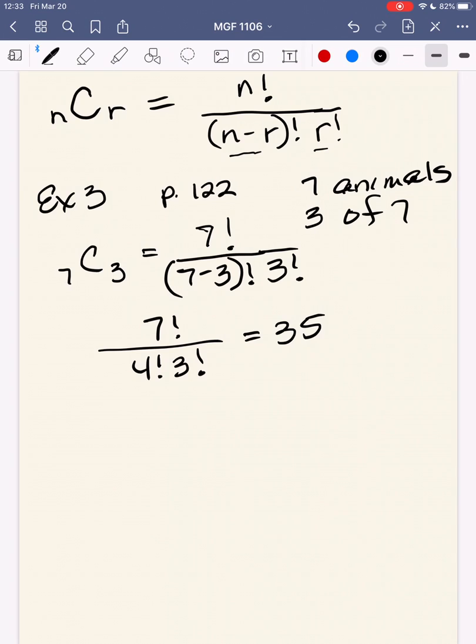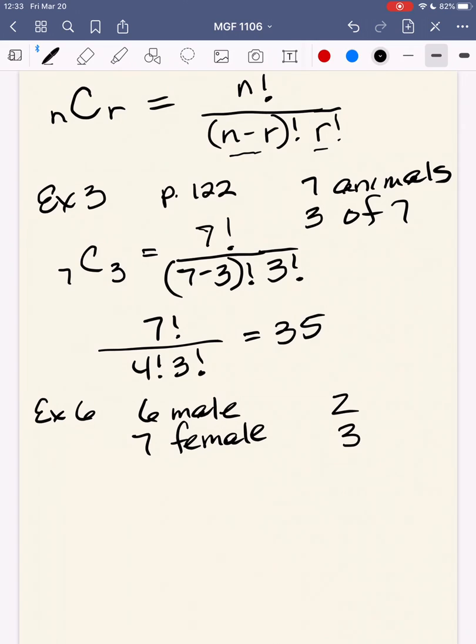I'm also going to look at example 6. The zoo has 6 male bears and 7 female bears. 2 male bears and 3 female bears will be selected for an animal exchange program with another zoo. These are 2 separate combinations that you've got to do. The first thing you've got to look at is the male bears.